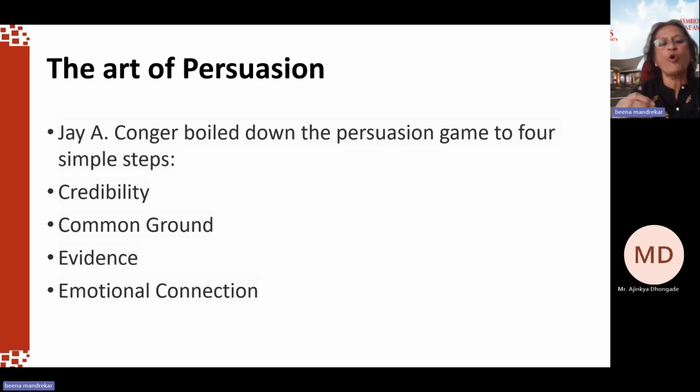If you have all these four, you will be able to persuade anyone to buy anything from you. Because eventually, when you join a company, the idea is to convince the person sitting across from you to buy your product, to buy your service, to sell you and your company as a package.